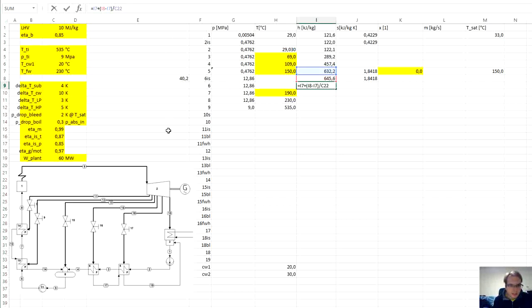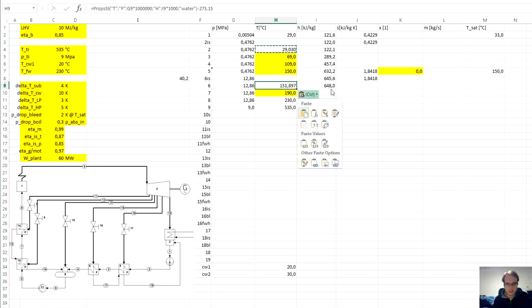Just in the enthalpy function, we need to keep the isentropic efficiency of the pump. So we have pressure, we have enthalpy, we can get temperature to see how much we heat up our working fluid in the pump.